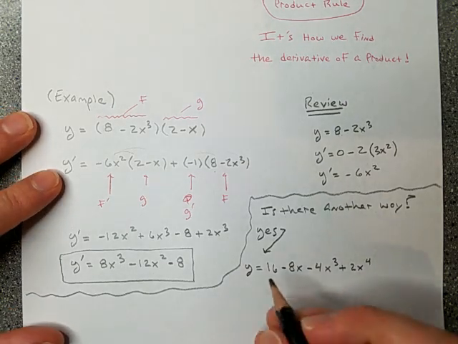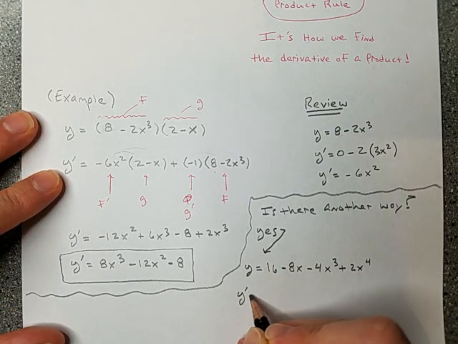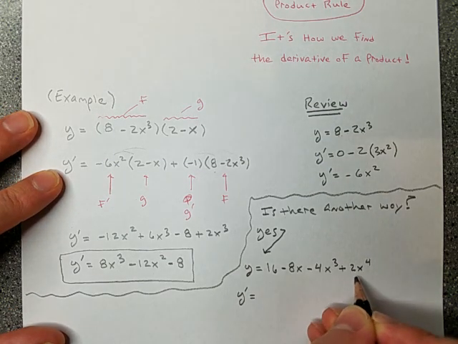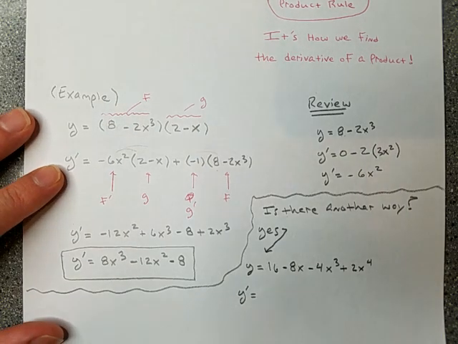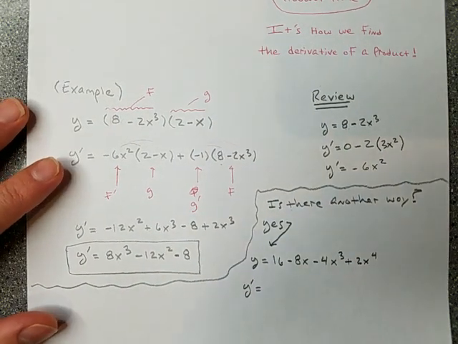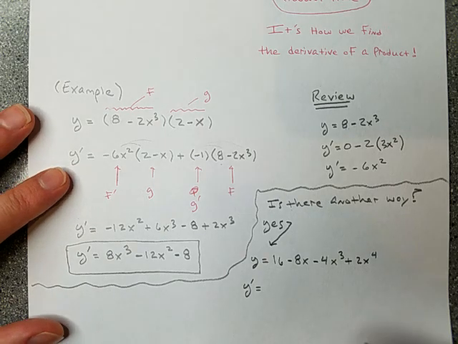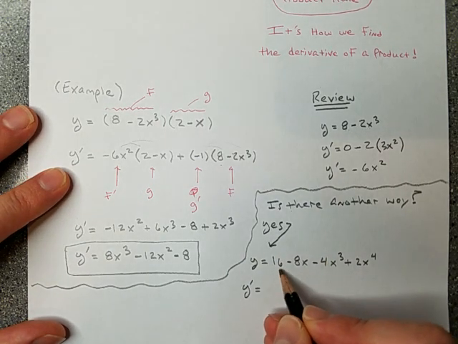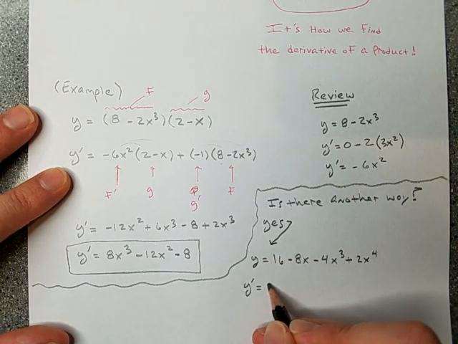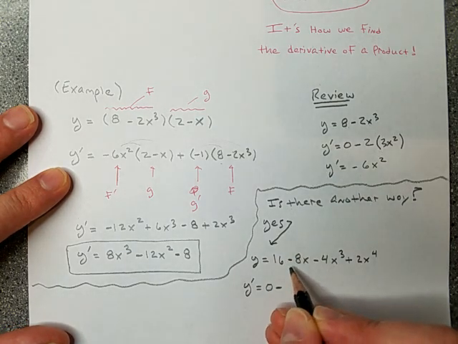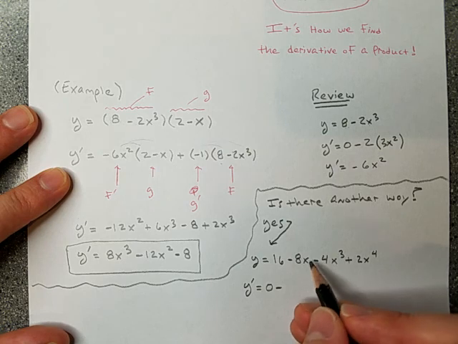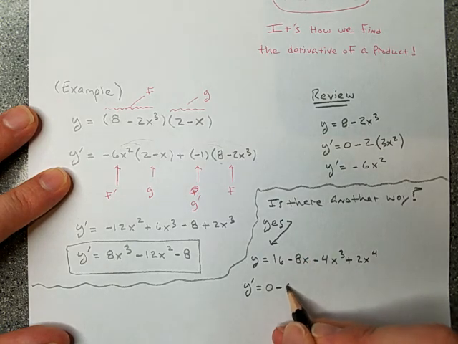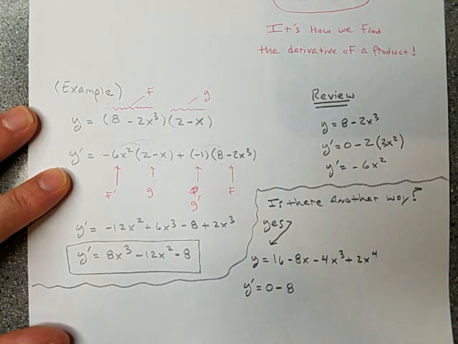But I can find the derivative of this according to rules that we learned before we even learned the product rule. Okay? So one term at a time. Here's what we do. What's the derivative of 16? Well, 16 is a constant, so 0. I carry down the minus. What's the derivative of 8x? That would be 8.